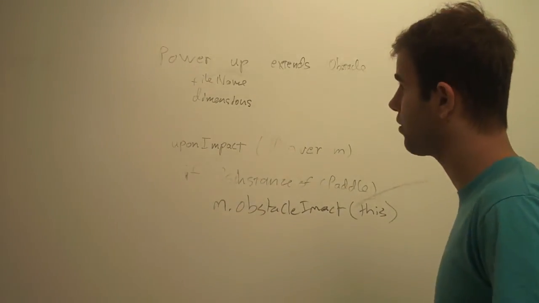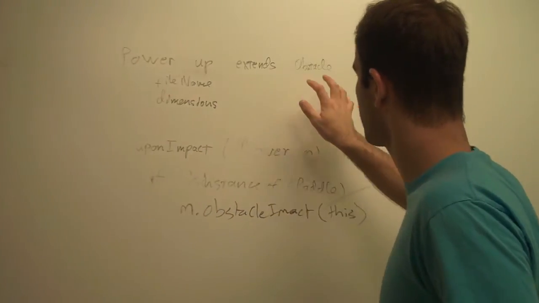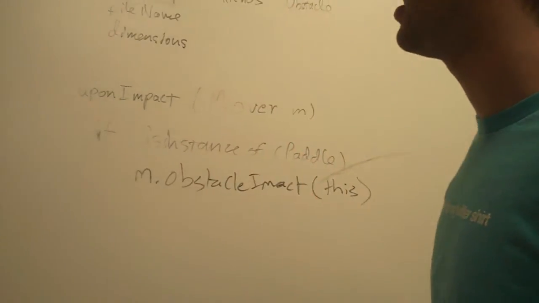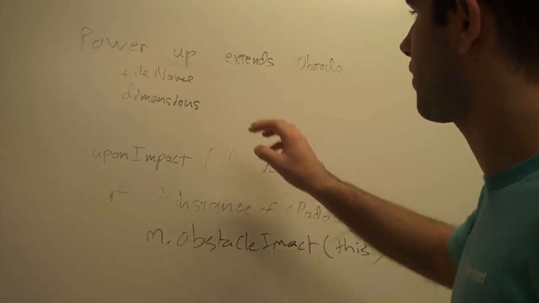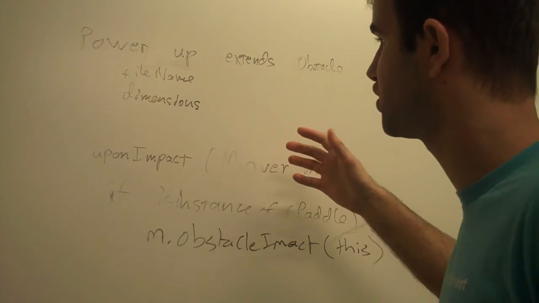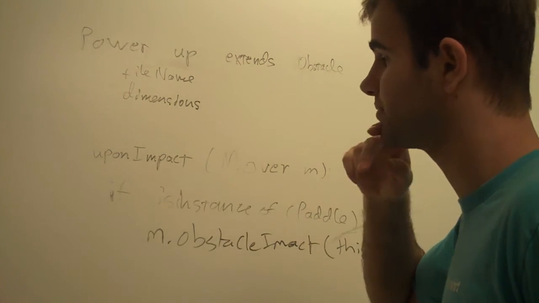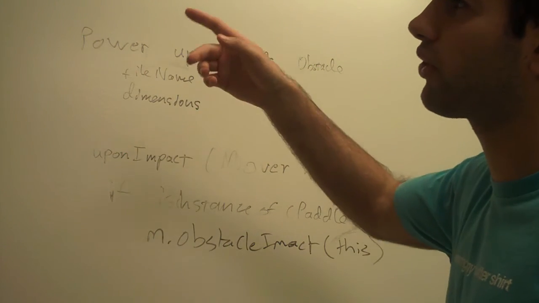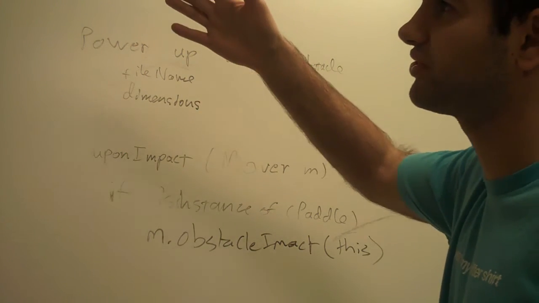Moving on to the power-up class that we talked about. Power-up again extends obstacle, which means that it's of type image. As a result, it's going to have a file name and some dimensions, and we're going to be calling the isImpact in obstacle.